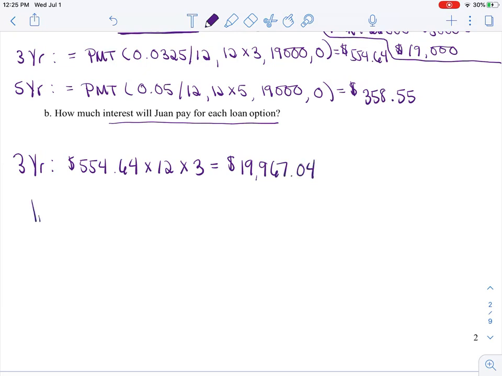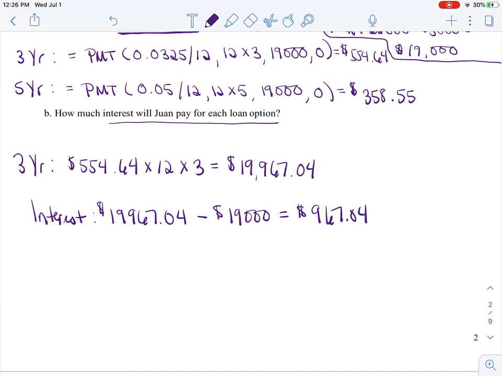Well, the interest then, so be clear with marking your work, would be how much you paid, and again, use those dollar signs, minus how much you really had to borrow. And you'll see here that they made almost $1,000 more off of us, just from us borrowing from them.